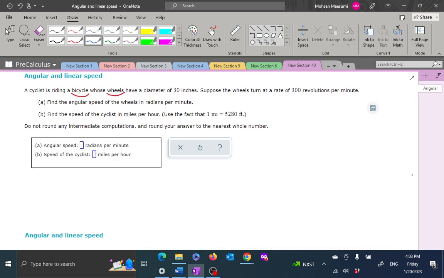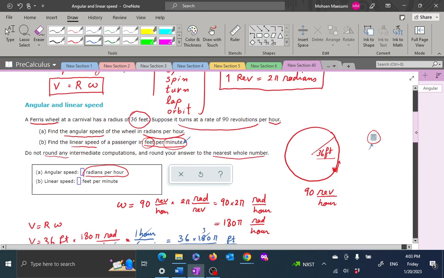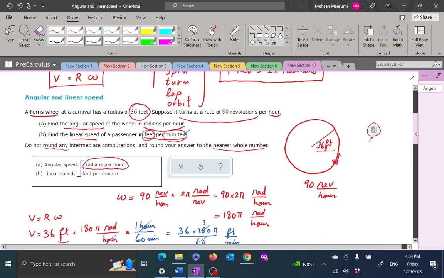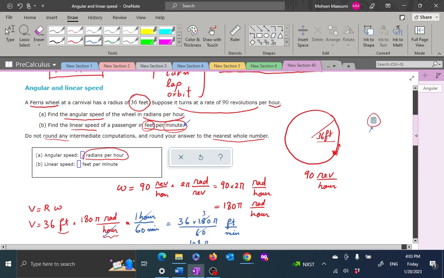Here's another one. It is a bicycle. There's a bit of a difference between a bicycle and a Ferris wheel. What's the difference? A bicycle is, well, the whole bicycle is moving. And the Ferris wheel, well, you certainly hope the Ferris wheel is not moving. That's going to be fine.